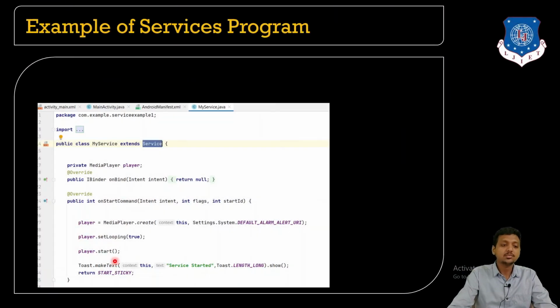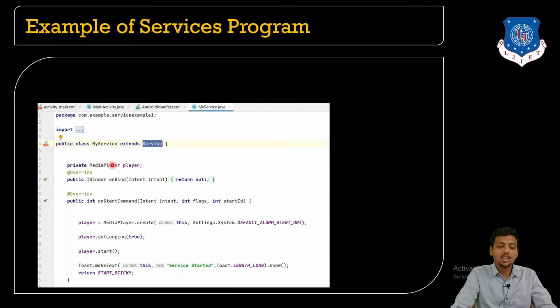Next, this is my MainActivity.java file, or I can say my service.java file. See, to make a service, we need to extend the Service class in another class. So here I made a class known as public class MyService extends Service.